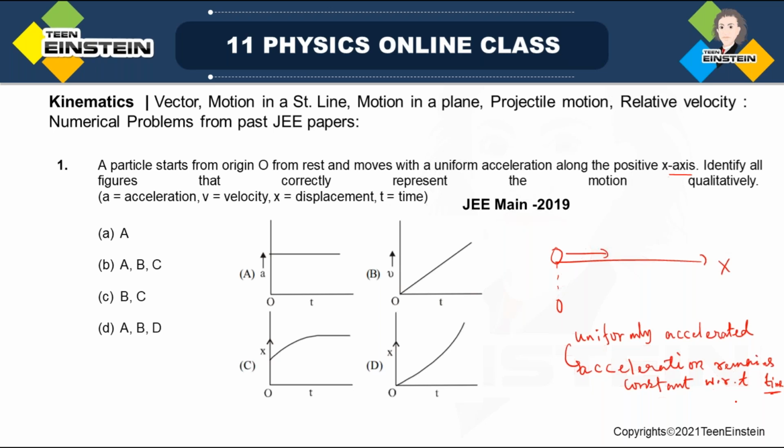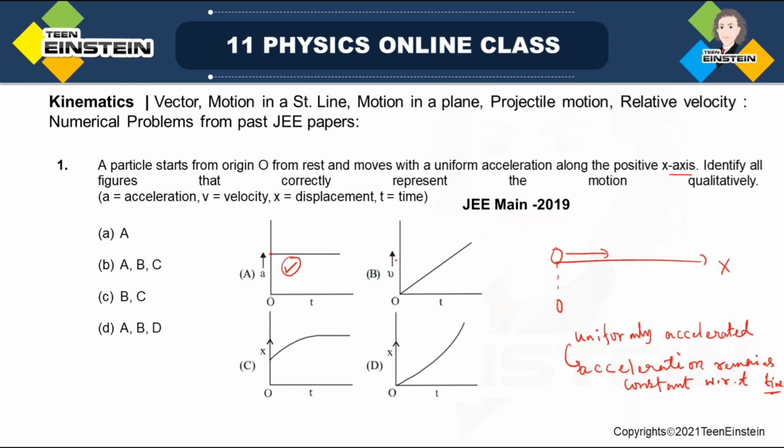So uniformly accelerated motion means acceleration is constant throughout the whole motion. So this figure is representing the motion. Look, this is the acceleration at 0, when at the origin it started with a uniform acceleration, and this acceleration remains the same throughout the time. Okay, that's why this is going to be correct.